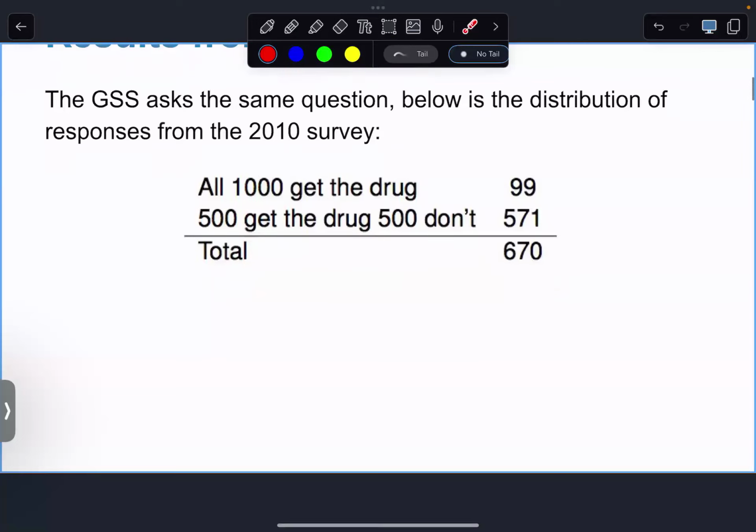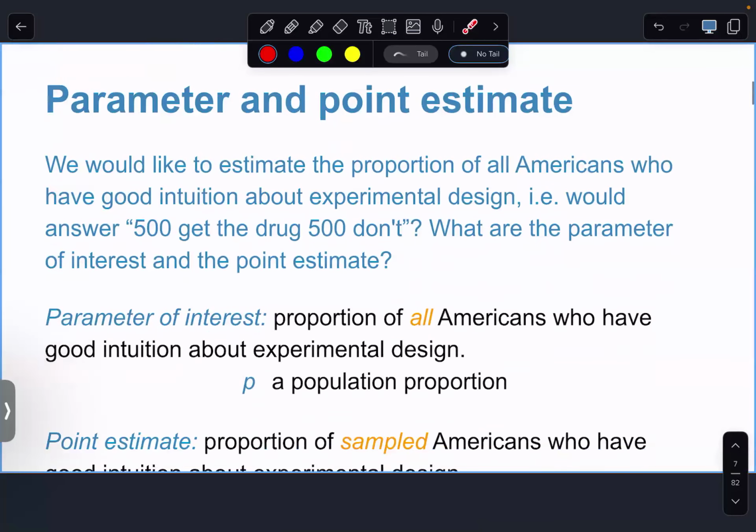We can phrase each of these as a success, right? We can talk about the proportion of people who don't have good intuition about sampling in general, but we're going to talk about the proportion who have good intuition about sampling.